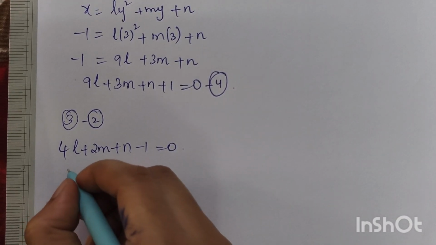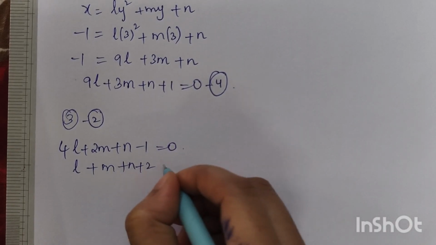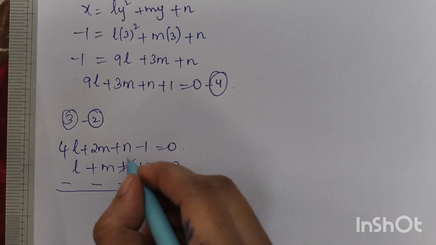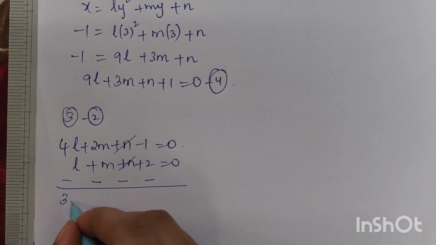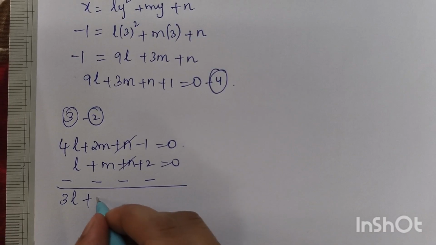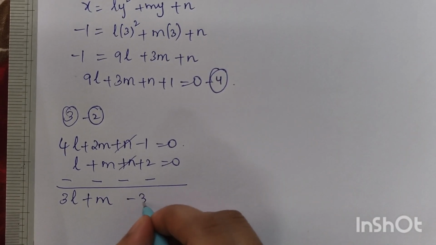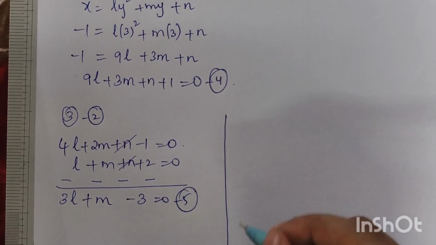Second equation was l + m + n + 2 = 0. We are subtracting, so change the signs, so the n gets eliminated. 4l - l will be 3l, and here 2 - 1 is 1, so + m, and this will become -3 = 0. Take it as equation 5.